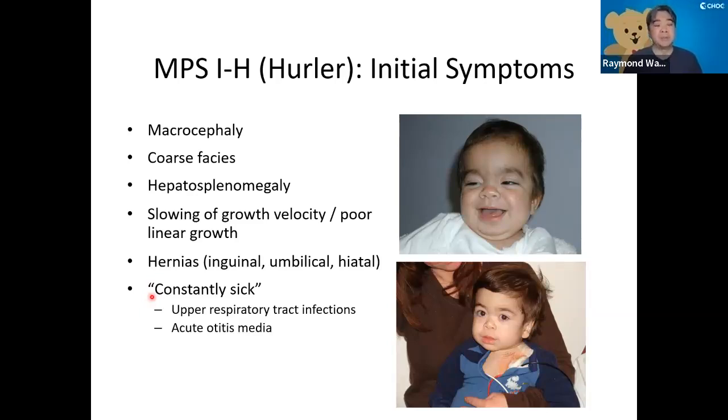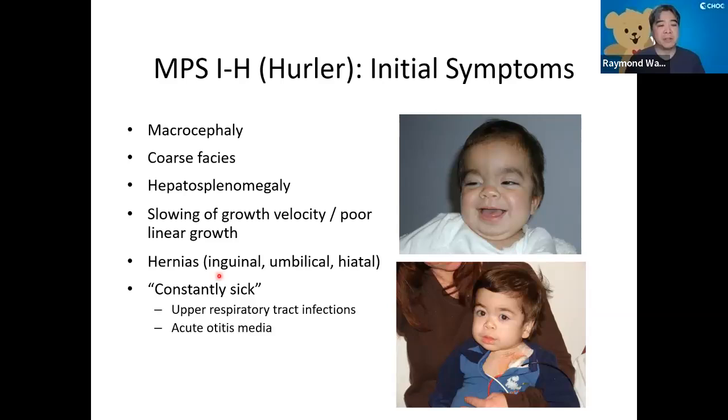within growth plate cartilage. And so families before the newborn screen era would notice that their children were just sick all the time. They'd catch a virus, they wouldn't be able to heal up really well, and then they'd catch another one, recurrent ear infections, ear tubes to vent the fluid buildup. And the other finding initially oftentimes are hernias.